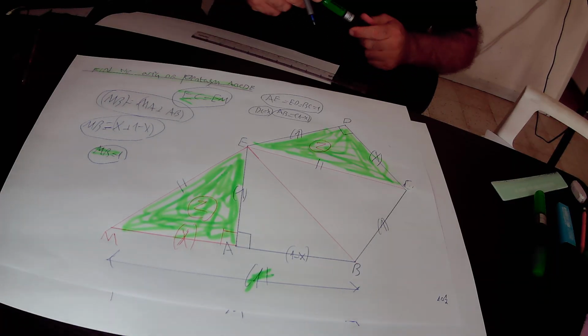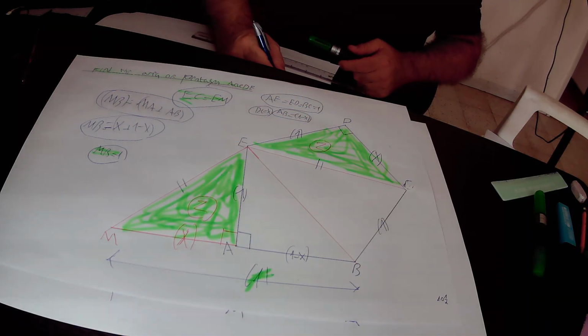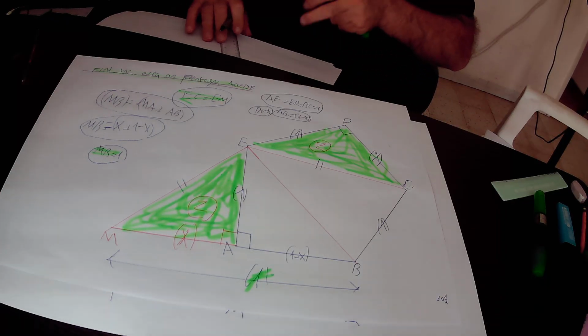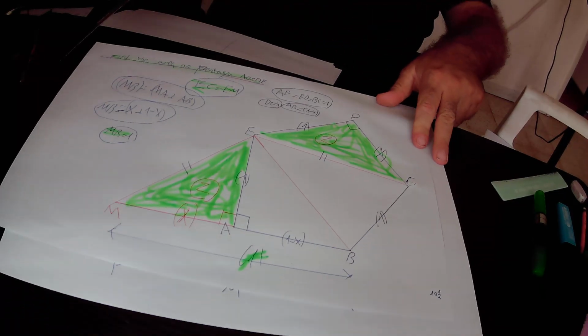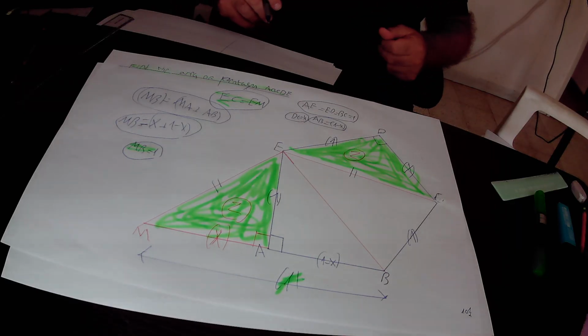In the next step, we find out the area of this triangle EBM. What is the area of triangle EBM? Here we know that the area of any triangle equals the base of the triangle times the height over 2.